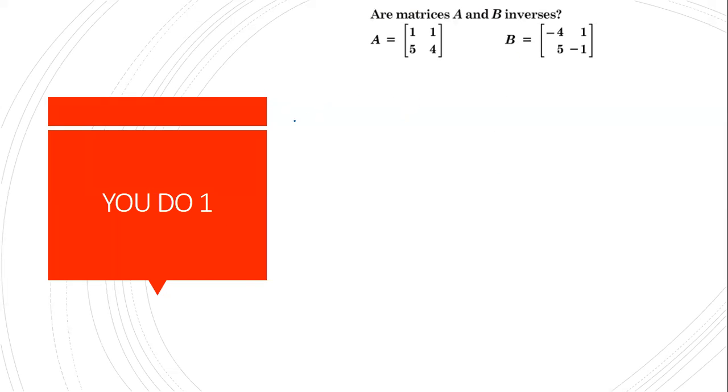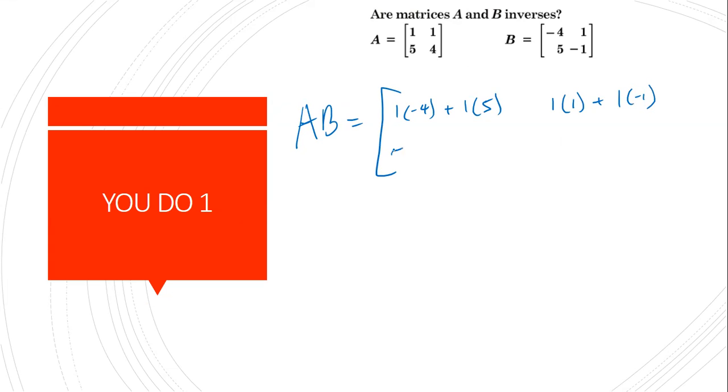Okay, so when you found your product, you have 1 times -4 plus 1 times 5. Then you have 1 times 1 plus 1 times -1. You have 5 times -4 plus 4 times 5. And you have 5 times 1 plus 4 times -1.